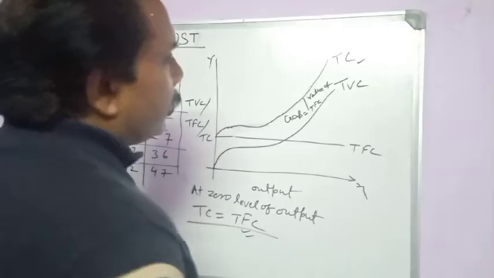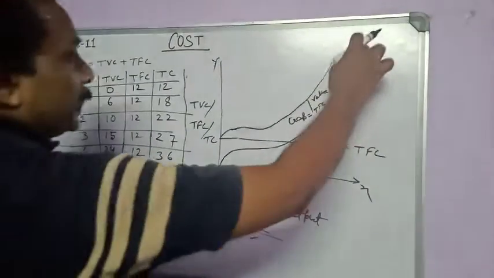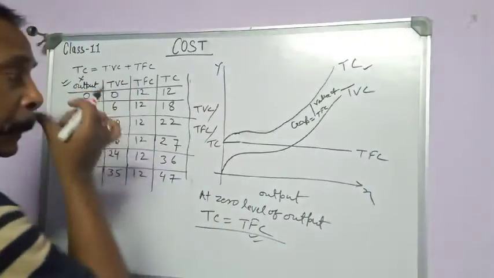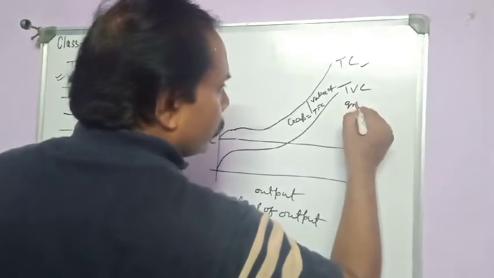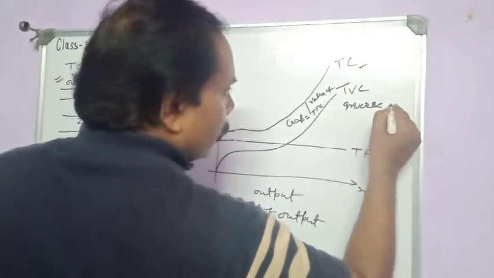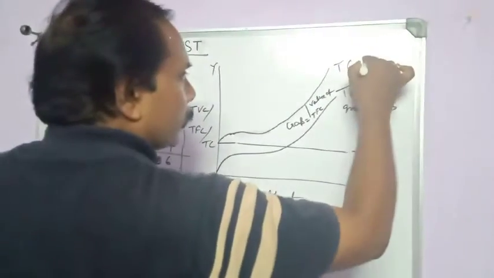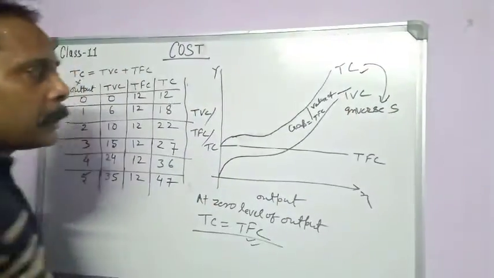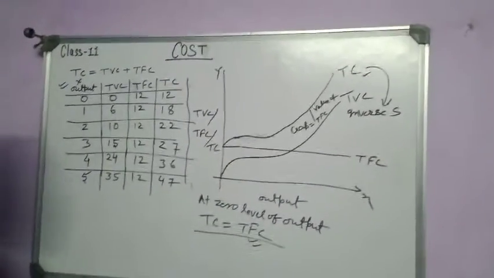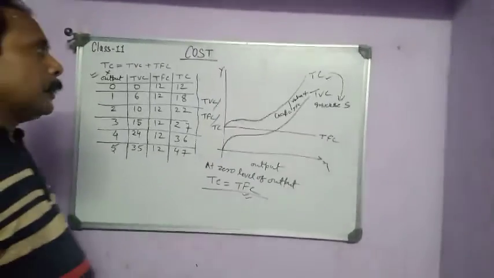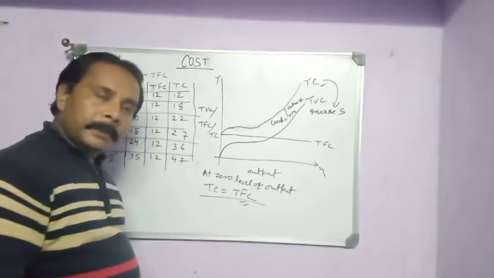As we know that TC depends on TVC, and the shape of the TVC is inverse S, so the shape of the TC will also be the same. That will be the inverse S. Clear? So I hope you are able to understand this TC, TVC and TFC.